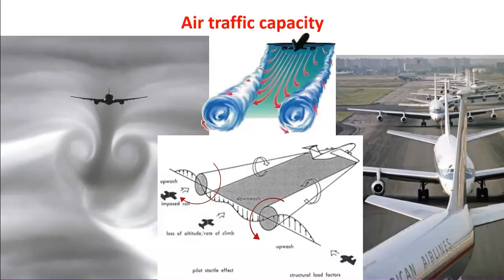These large vortices are a problem, particularly for having many flight takeoffs, one behind the other. If you go to the airport, you'll see there is a long line and wait time.